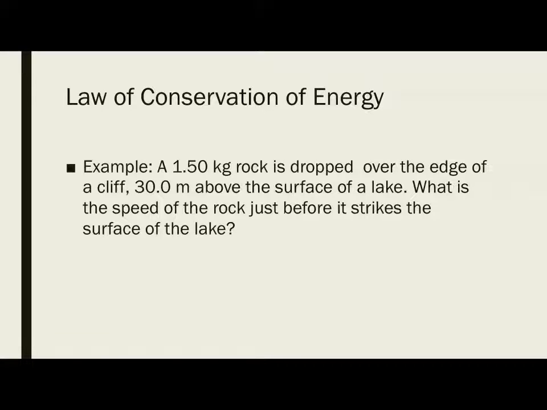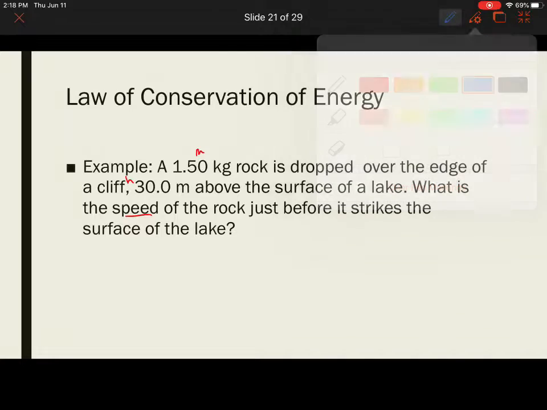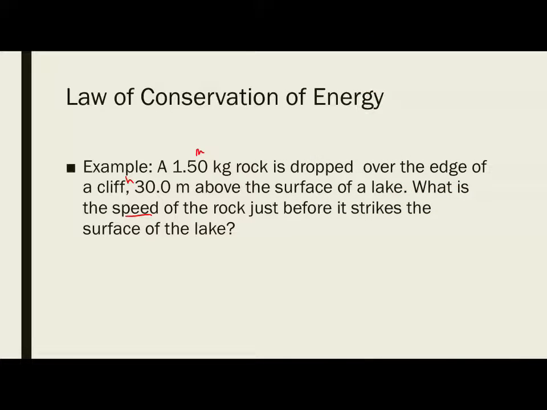Okay? So here we have a 1.5 kilogram rock. So that's its mass. Okay? Dropped over the edge of a cliff, 30 meters above the surface. So that's the height. We want to know what's the speed of the rock just before it strikes the surface of the lake. So it looks like we have enough information to find the potential energy. Okay, and then we need to find the kinetic energy.